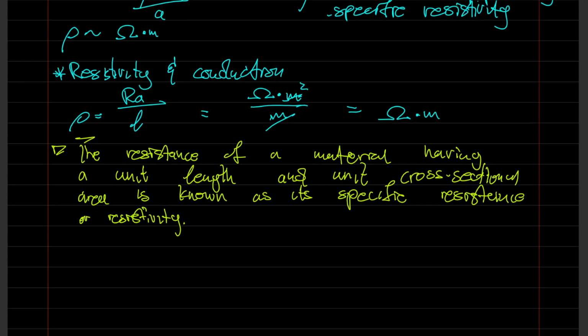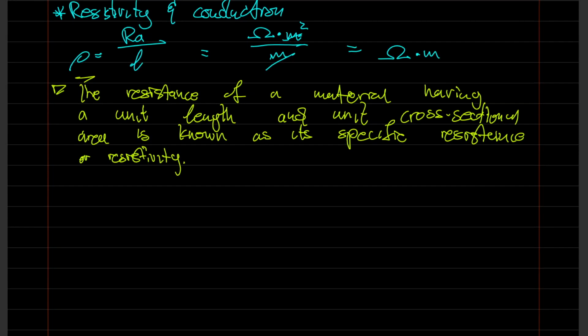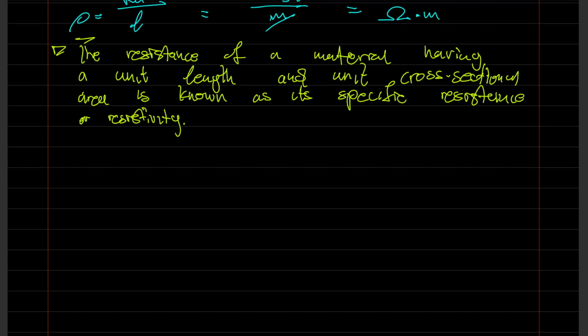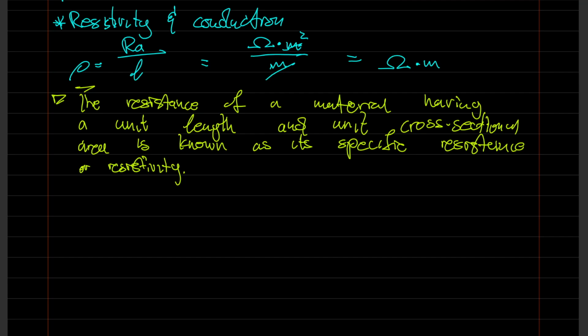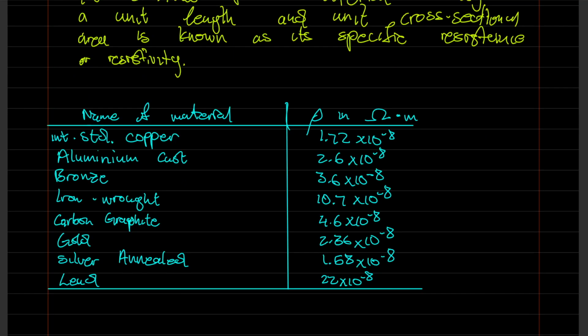Okay, the resistance of a material having a unit length and unit cross-sectional area is known as its specific resistivity. Let me just paste a table here of different kinds of material we would be dealing with now.